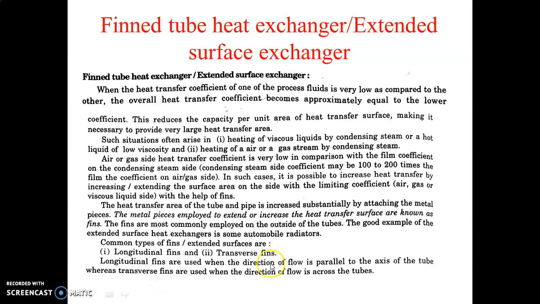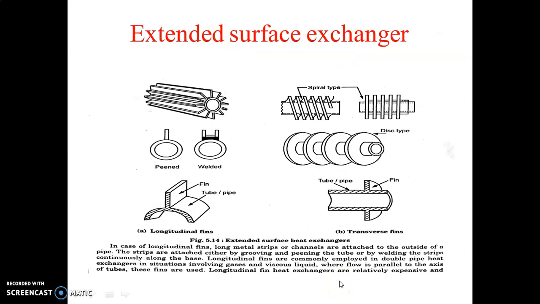Longitudinal fins have the direction of flow parallel to the axis of the tube, and transverse fins have the direction across the tube. If we look at this figure, this is the longitudinal fin and this is the transverse fin.